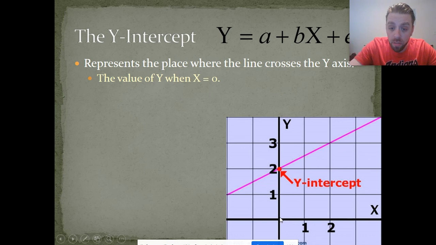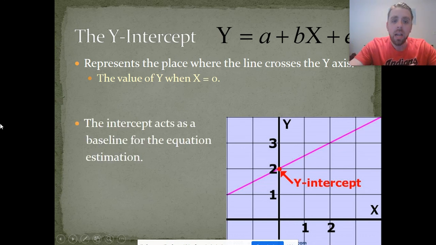Therefore, the y-intercept acts as a baseline because we're going to be quantifying everything given a 1 unit change in X. So it's like, what are you moving up from? A 1 unit change in X is associated with a B unit change in Y. As this goes forward, it's got to be coming from somewhere.